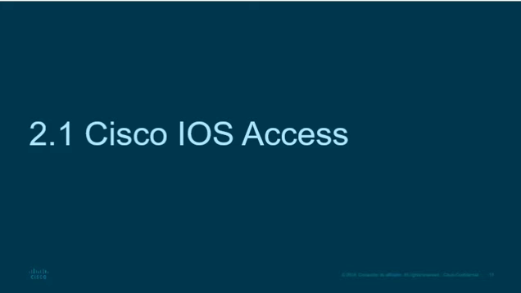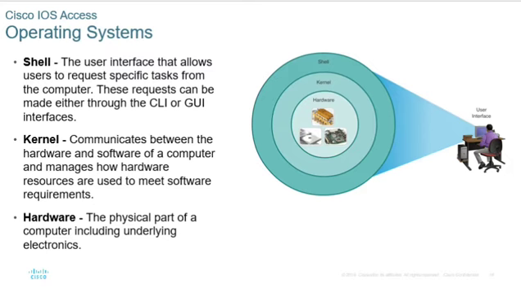So what is IOS and why do we need access to it? Just like any device out there, your home computer, your laptop, your phone, they all have to have an operating system. An operating system is an environment that allows a user like us to interface with the actual piece of hardware appliance.